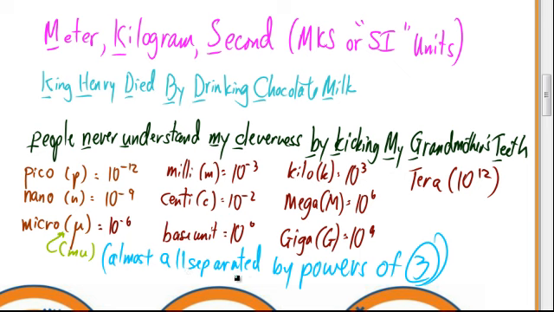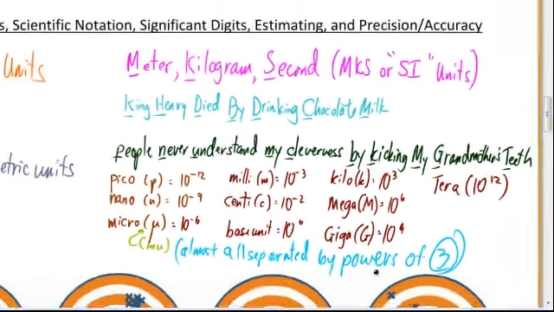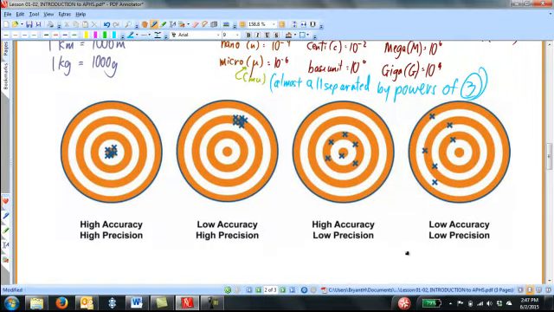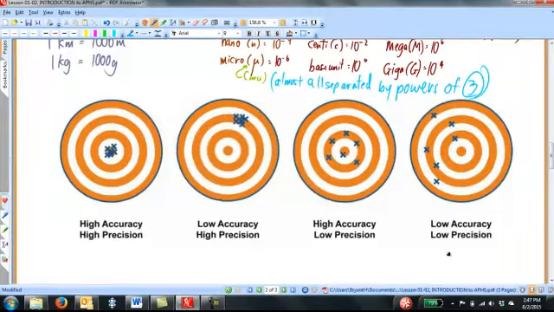Let's talk now for a moment about significant digits or significant figures and the precision with which we make calculations. While we won't emphasize significant figures in this course, we do want to be aware of them. Basically, significant figures are a way of communicating the precision of the instruments we use to make measurements.